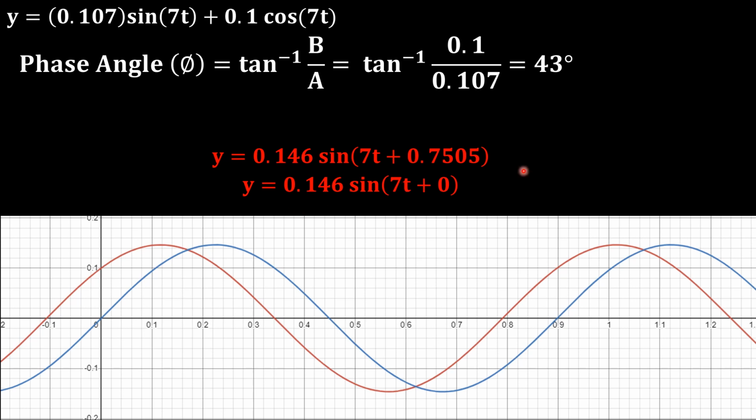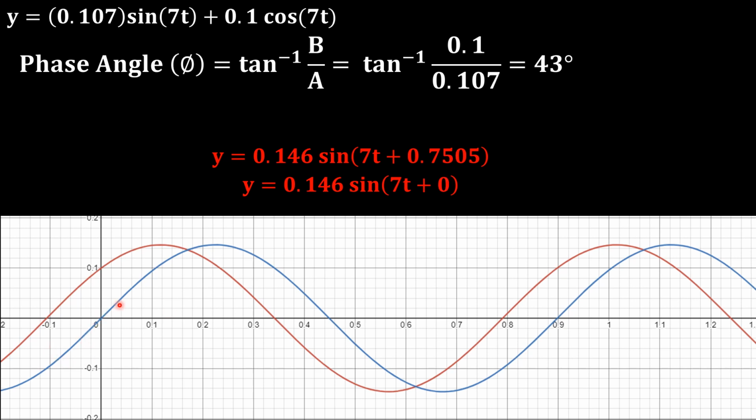Now this function right here is your red function. This function in here is your blue function. I should have written this in blue. That's my mistake. But what I want to show is that when your phase angle is 0, that is how the function will look.